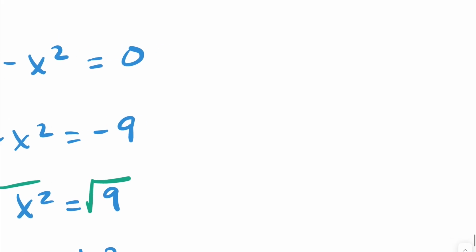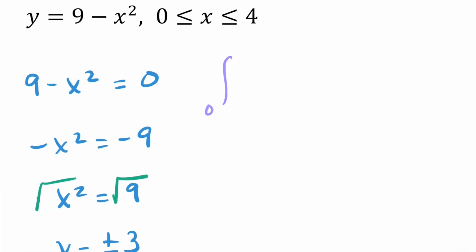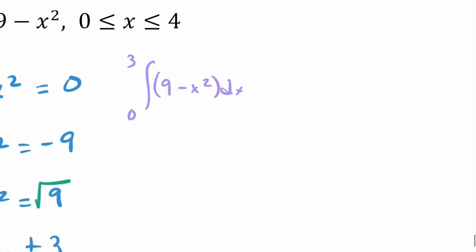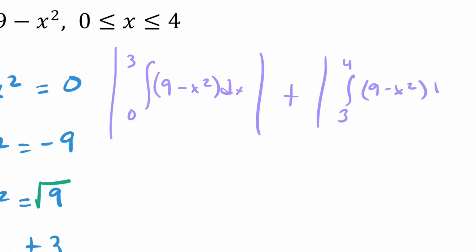So we're going to find the integral from 0 to 3 of 9 minus x squared dx, the absolute value of this, and we're going to add it to the absolute value of the integral from 3 to 4 of 9 minus x squared dx.